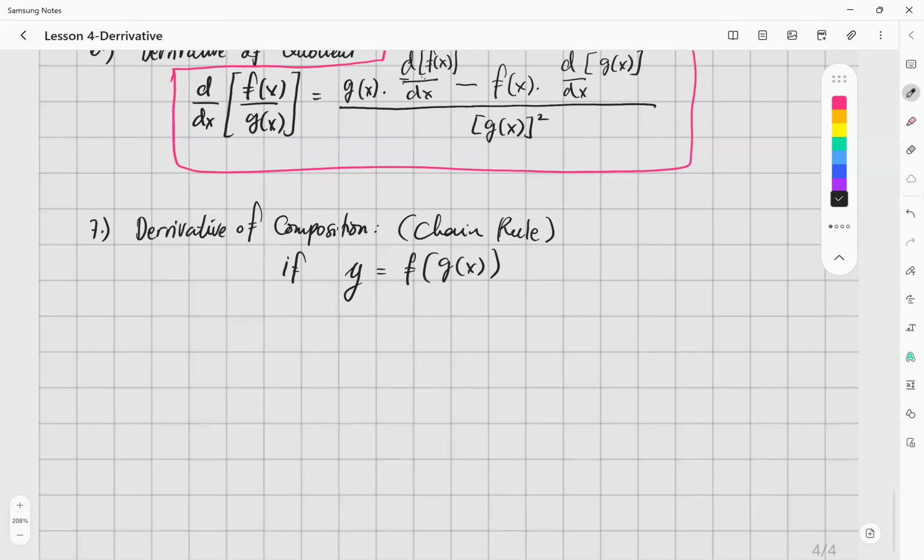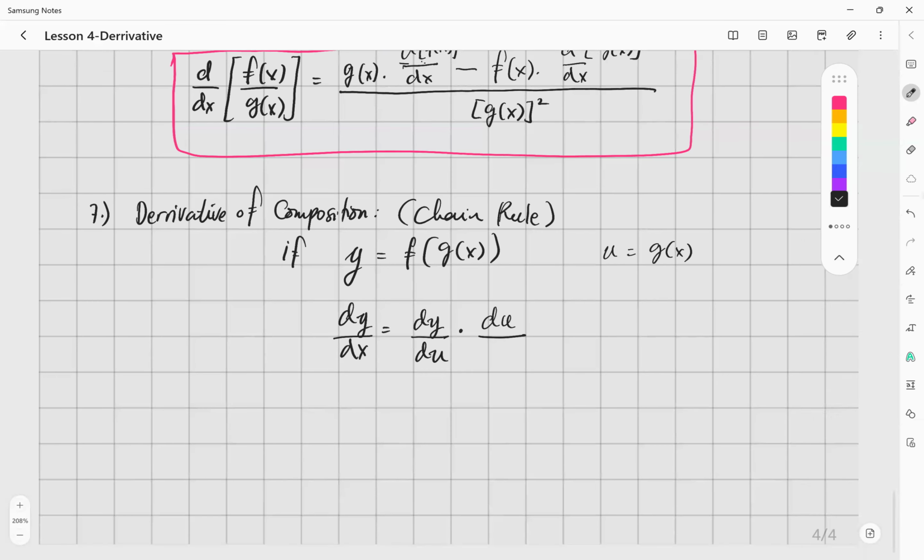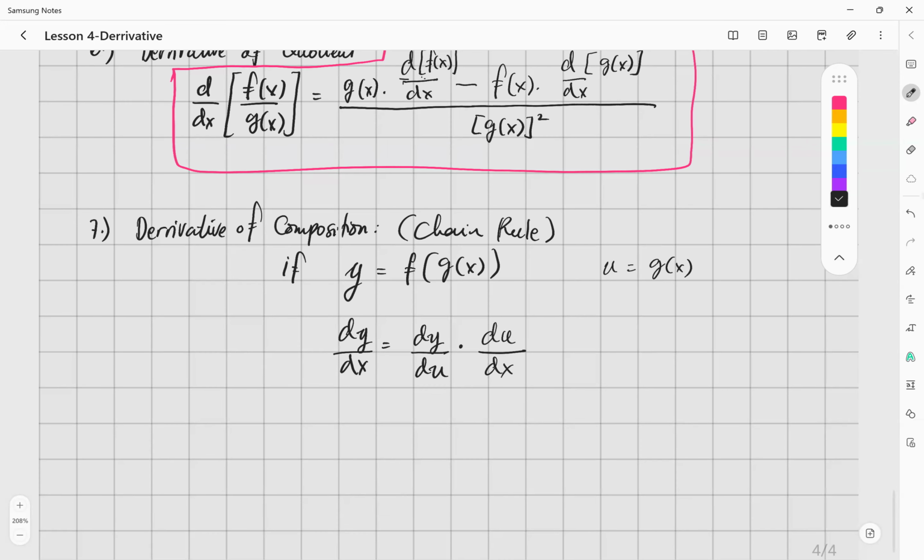And then we say that u is equal to g of x. For the derivative dy over dx, all you simply do is take the derivative of y with respect to u, multiply by the derivative of u with respect to x. Okay, that's how you do it.